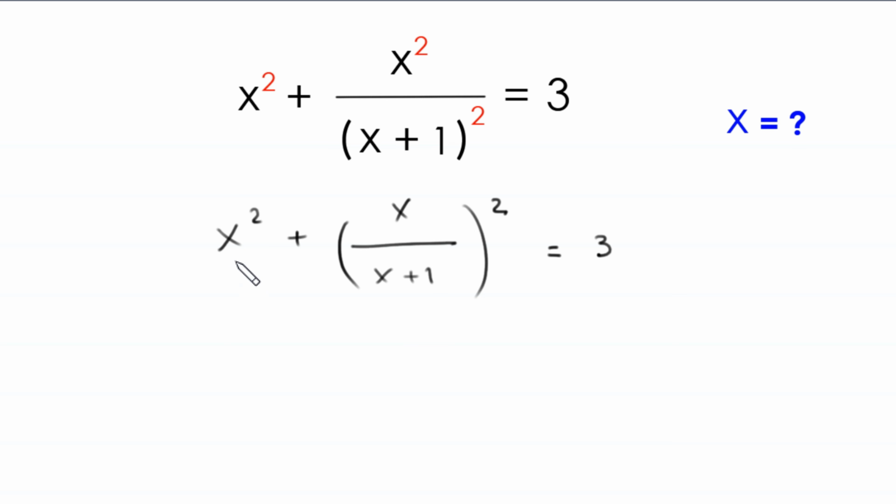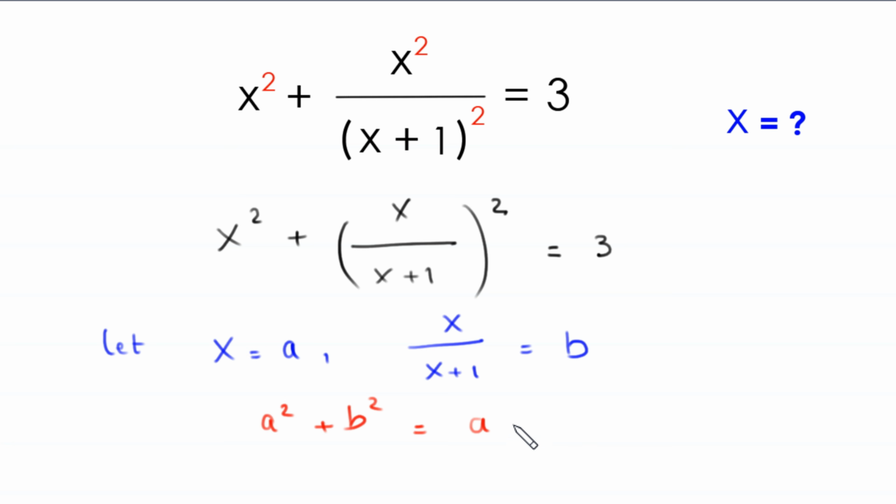Now we have a sum of two squares at the left hand side, so we suppose that x is equal to a and x over x plus 1 is equal to b. By using the algebraic identity, a squared plus b squared is equal to (a minus b) whole squared plus 2ab.